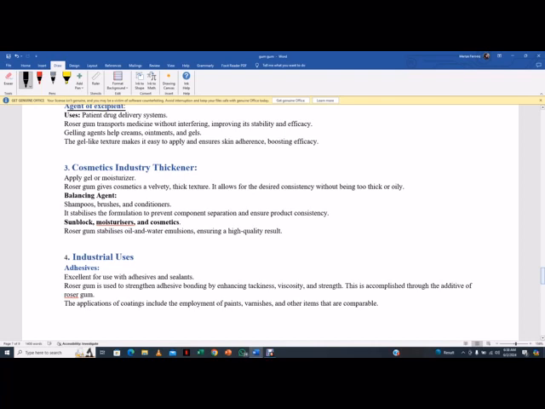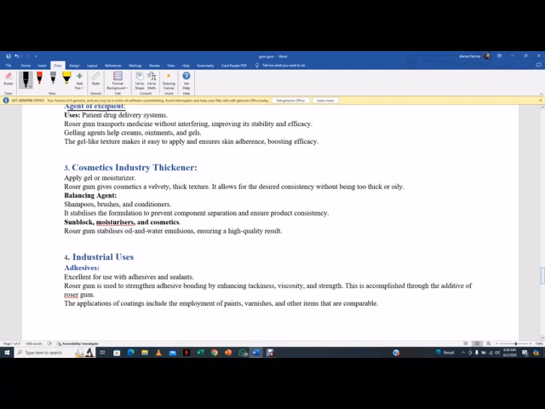It stabilizes shampoo, conditioner, and body washes to prevent the separation of the ingredients. In products like makeup, moisturizer, and sunscreen, it stabilizes the emulsions because it has to ensure a consistent, high quality result.